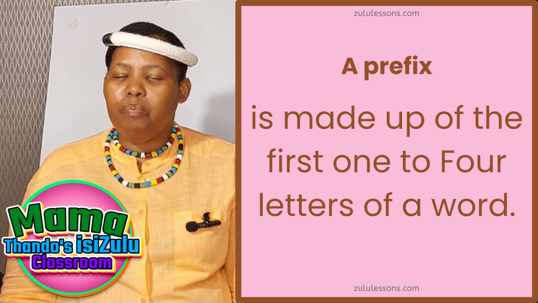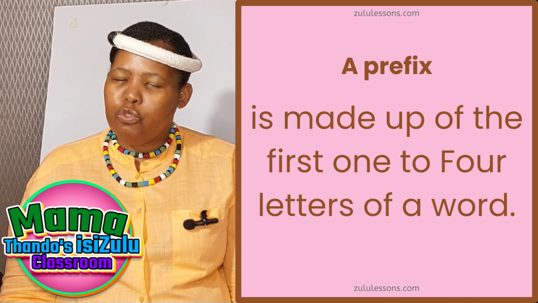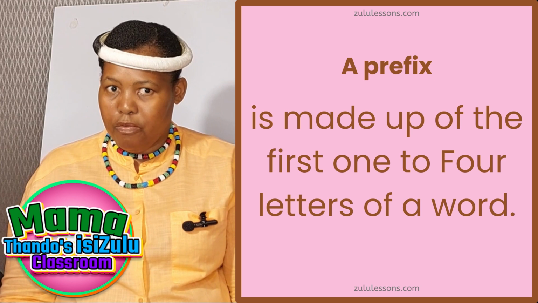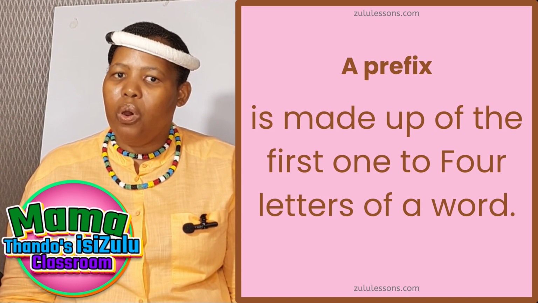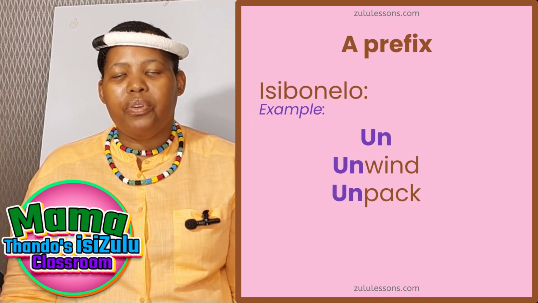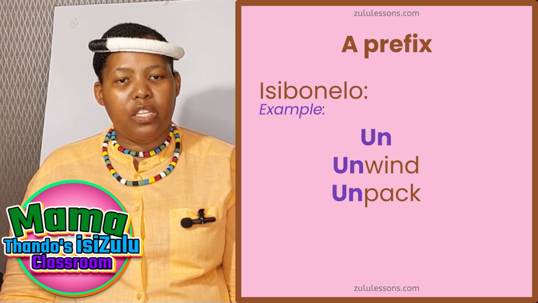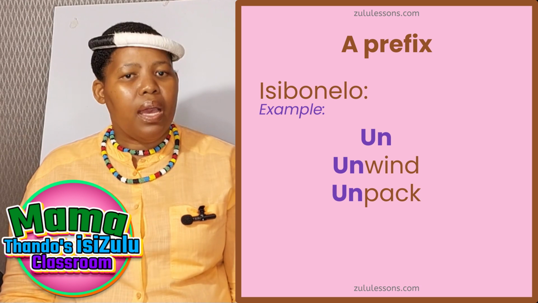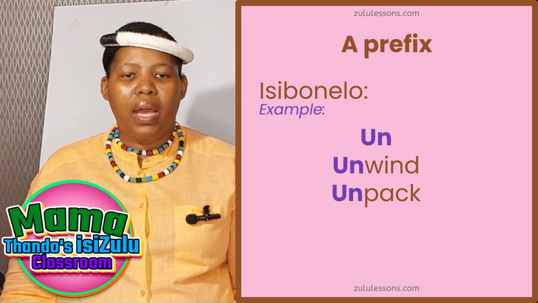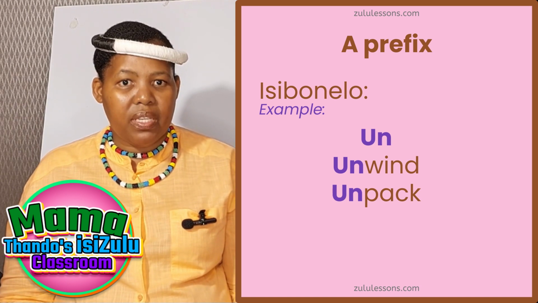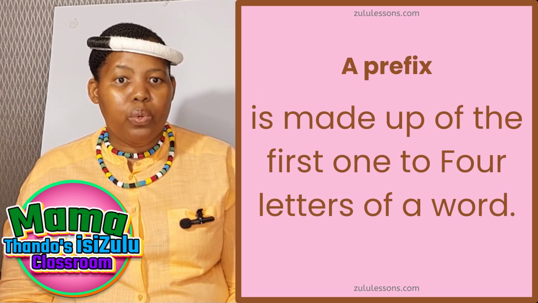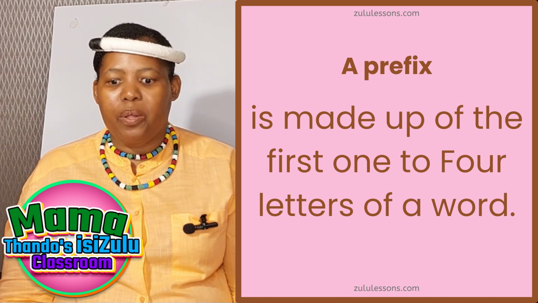A prefix is made up of 1, 2, 3, or sometimes 4 letters before the word. A prefix you might be familiar with in English is un: unwind, unpack. Un is a prefix. In isiZulu, there are prefixes as well.